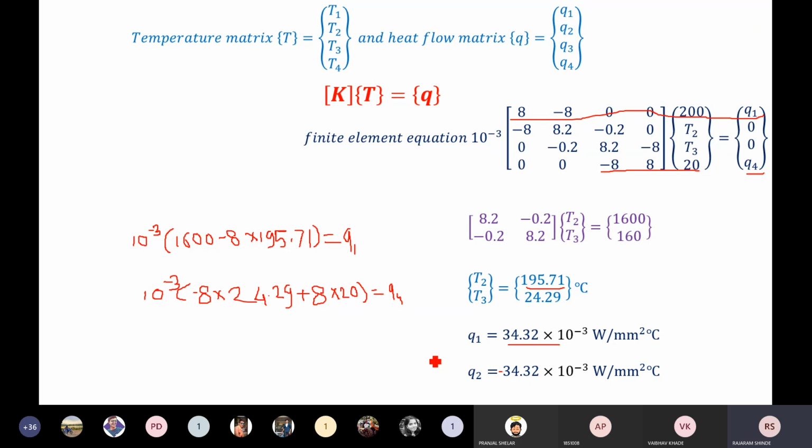It is heat going out of the model. This is heat coming inside node 1 and it is going outside at node 4. Therefore, it is negative. Here it is heat coming inside and it is heat going outside. It is negative. You have to remember this. Have you got how to calculate?